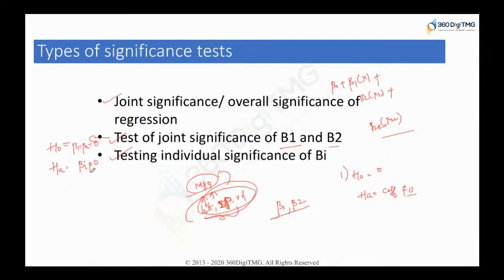Here i is changing: first variable, second variable, third variable, till 22 variables. For individual, H naught is beta i equal to 0, a single variable's impact on y.